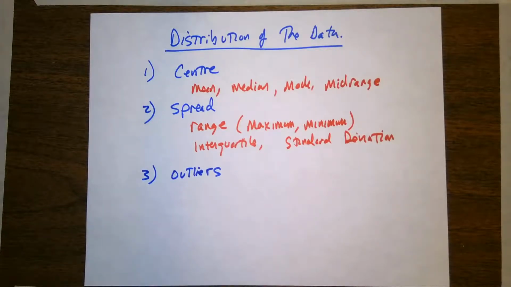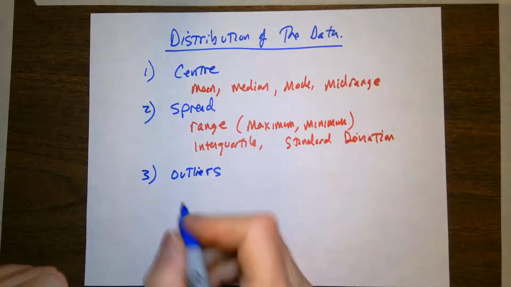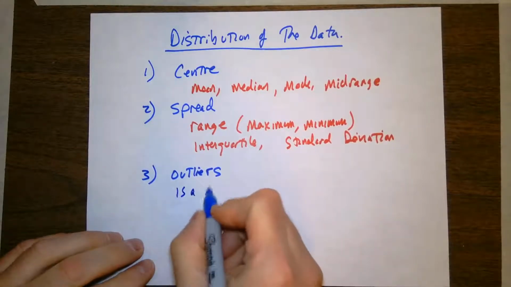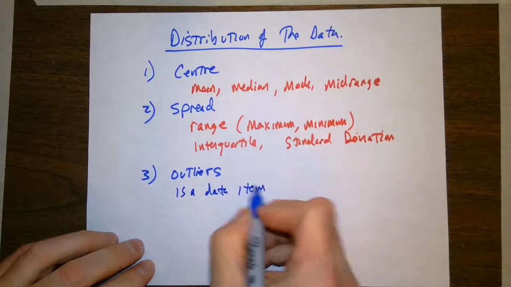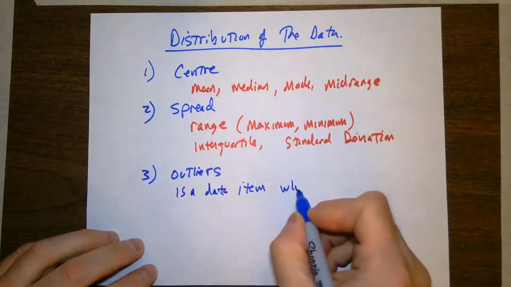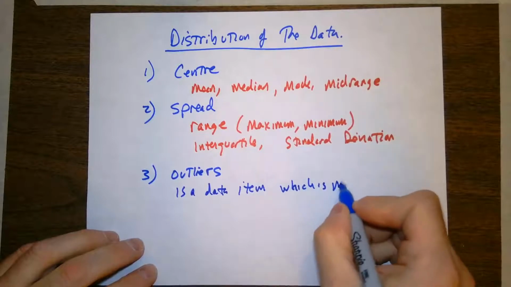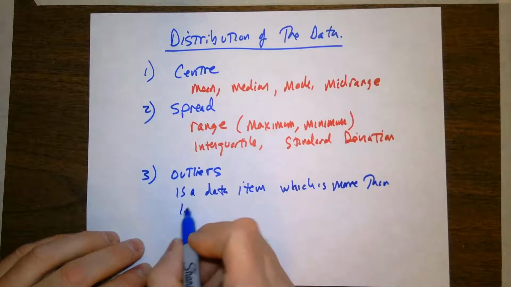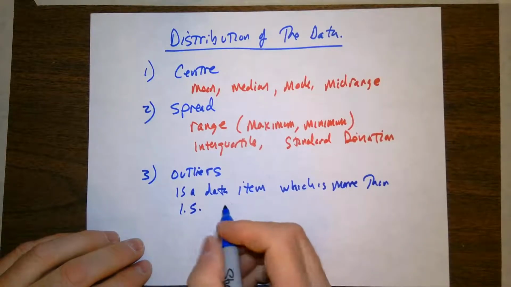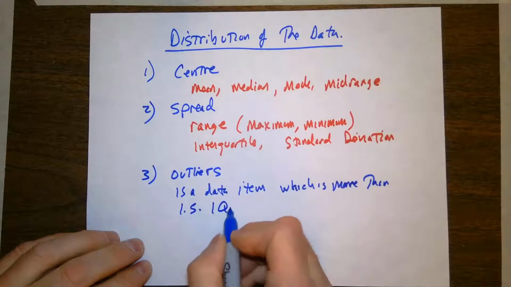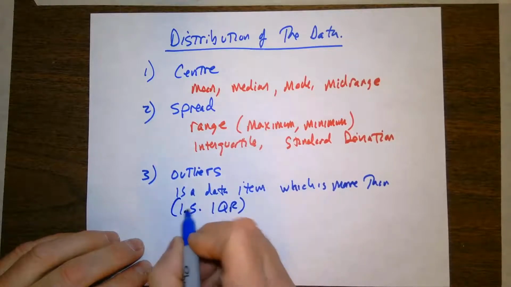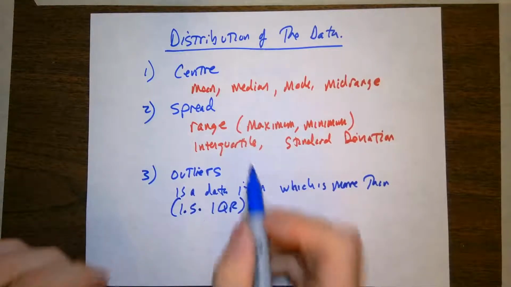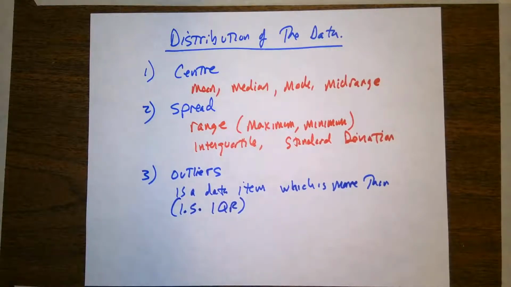There is actually a whole way of calculating what an outlier would be. An outlier is a data item which is more than 1.5 times the interquartile range above or below.